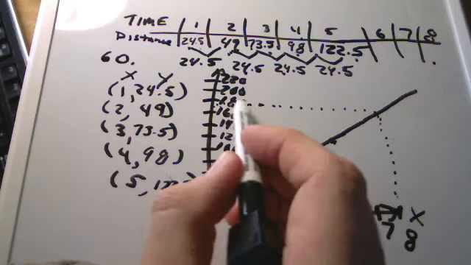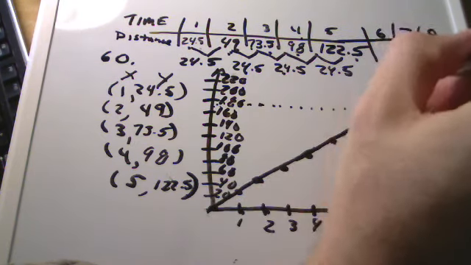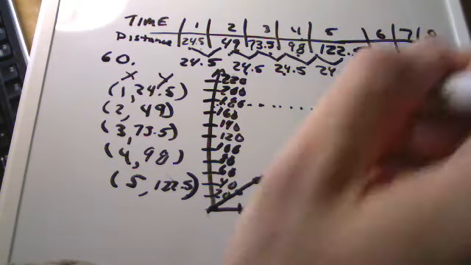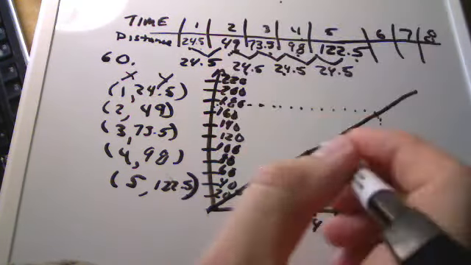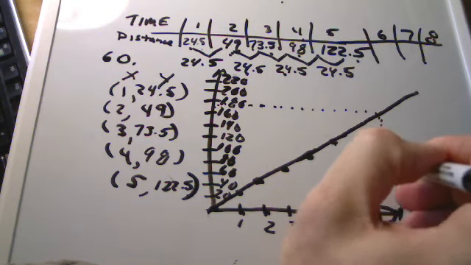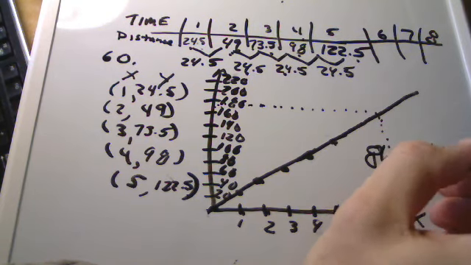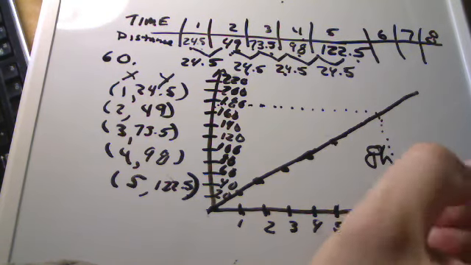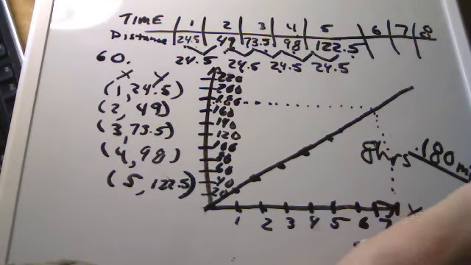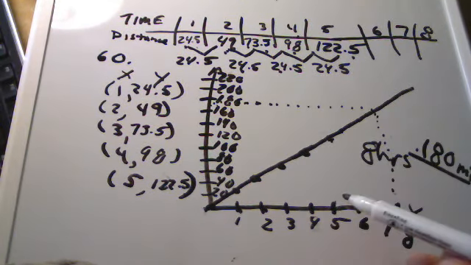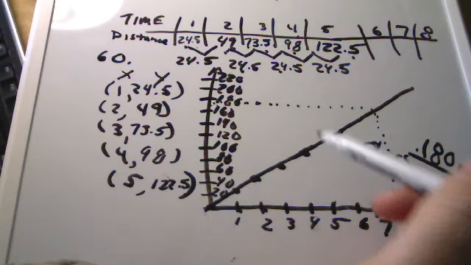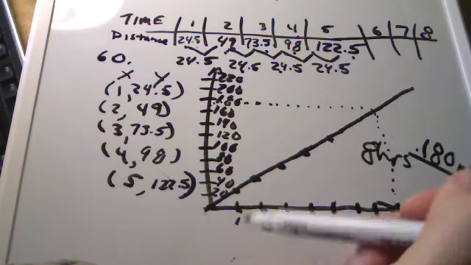It's around the 180 range. So we can say that in about 8 hours, I go about 180 miles. That's a pretty good estimate, especially if I'm not really doing it with a straight edge. Try it with a straight edge on your graph paper and you'll find out that it's actually a little bit more than 180.